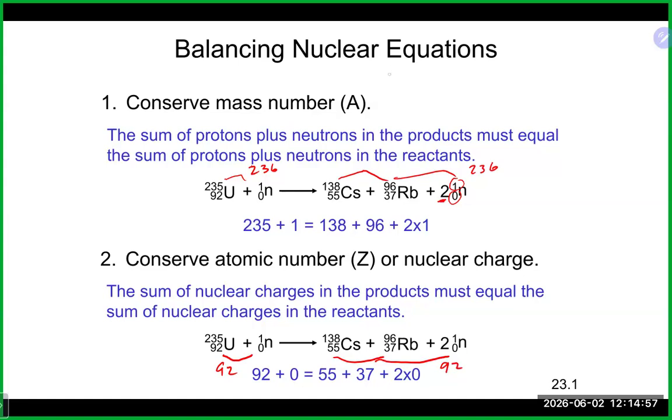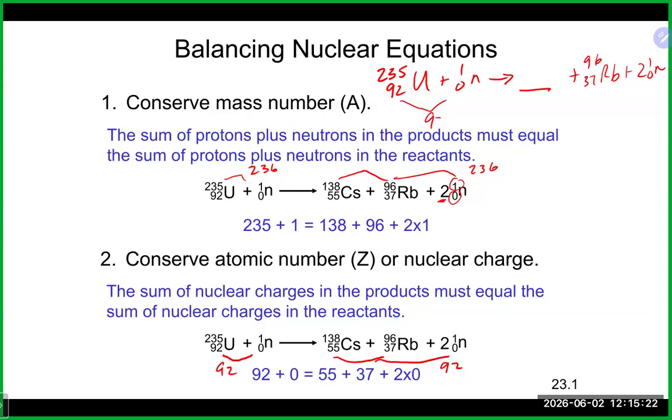So for example, what you oftentimes may have is an equation where maybe something is missing. You got something like this. You may have something missing, and the best place to start is atomic number.